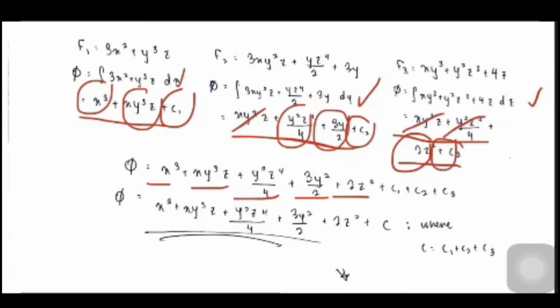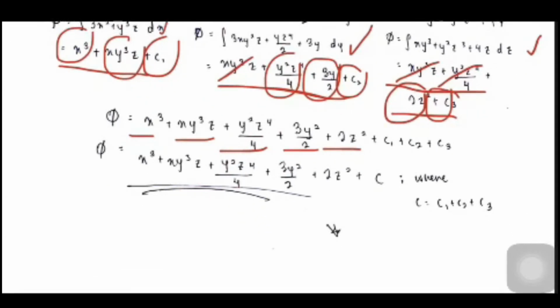So we simplify the constant there, where c is equal to c1 plus c2 plus c3. So the total potential function, we will get this.